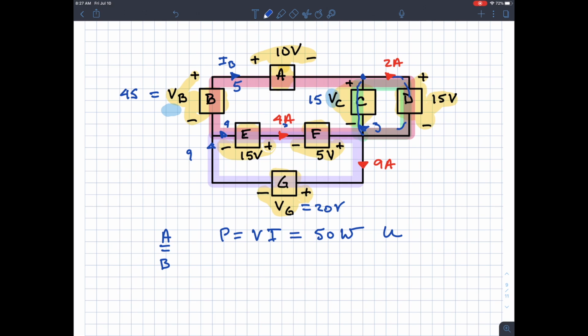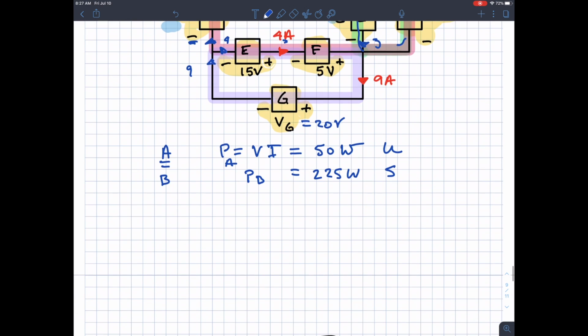For B, we have 45 times 5, which is 225 watts. Current is moving in the direction of a rise for B. I go in this direction with current, it's 5 amps, from the minus to the plus, so it's a voltage rise. So this is the active sign convention, so the power for element B is 225 watts supplied.